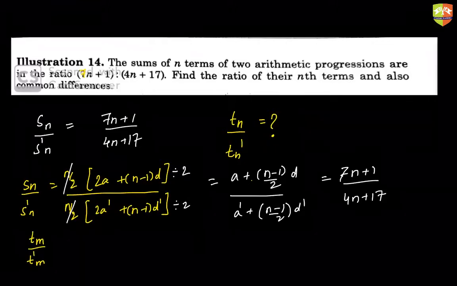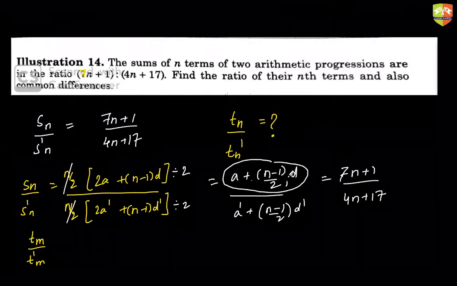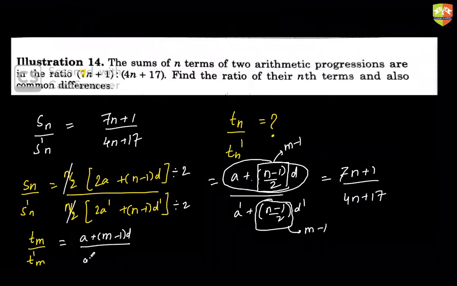Correct? Now if you see this expression carefully, if you replace this guy with m minus 1, right? Similarly here also you replace this with m minus 1. What will you get? You will get a plus m minus 1d by a dash plus m minus 1d dash.